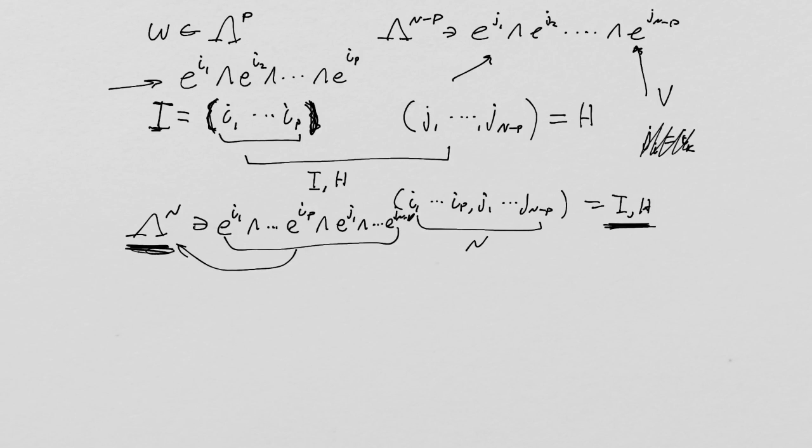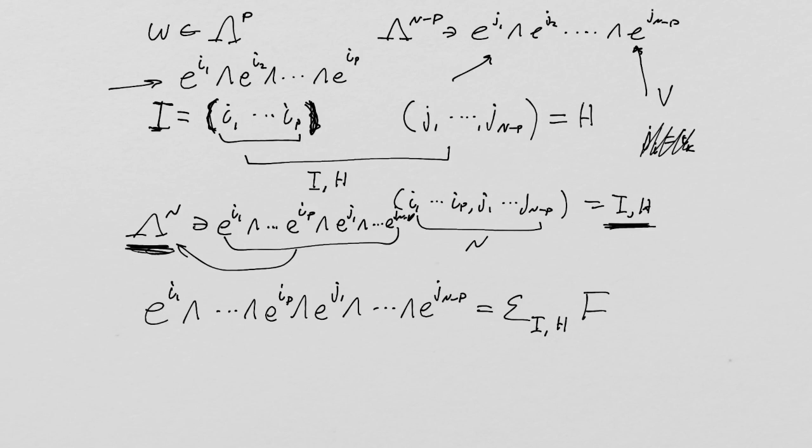But what element is it? Well, it goes like this. E_I1 wedge E_IP wedge E_J1 wedge E_J_{n-p} is going to equal the Levi-Civita symbol on I comma h times the unit volume form.